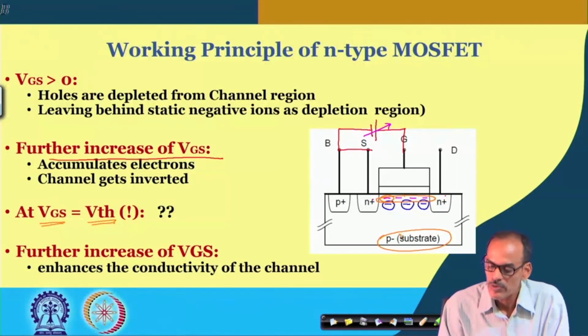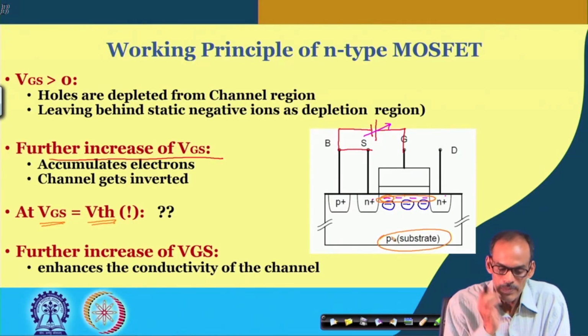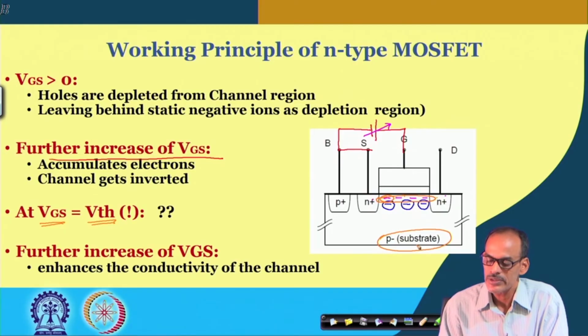Then we may say that the channel portion is completely inverted into n type from p type, and its strength is exactly equal to the strength of the substrate. So, in other words, if VGS is exactly this critical voltage, this island to this island is getting connected, and its strength is defined by the strength in the substrate region. Of course, within the substrate region the majority carriers are holes, and here the majority carriers are electrons.